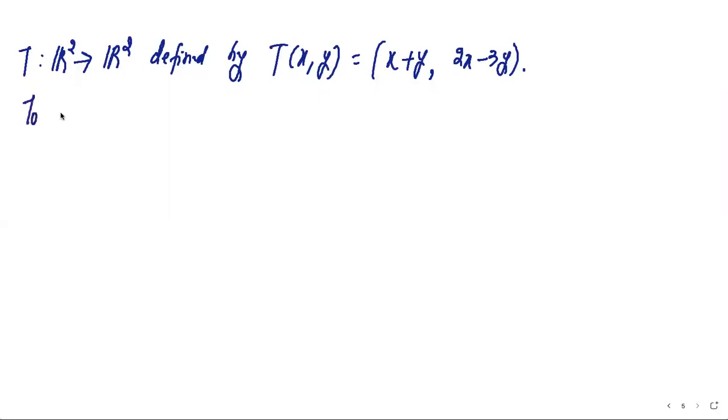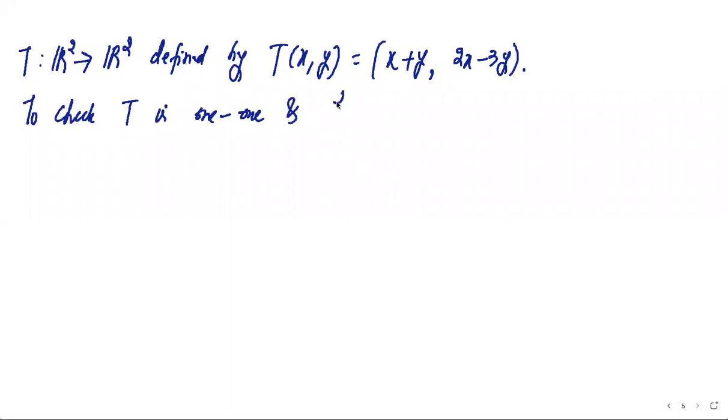So now to check T is 1-1. तो बताइए किस तरह से हम चेक करेंगे that whether this mapping is 1-1 or not. Kernel of T is 0. Exactly.